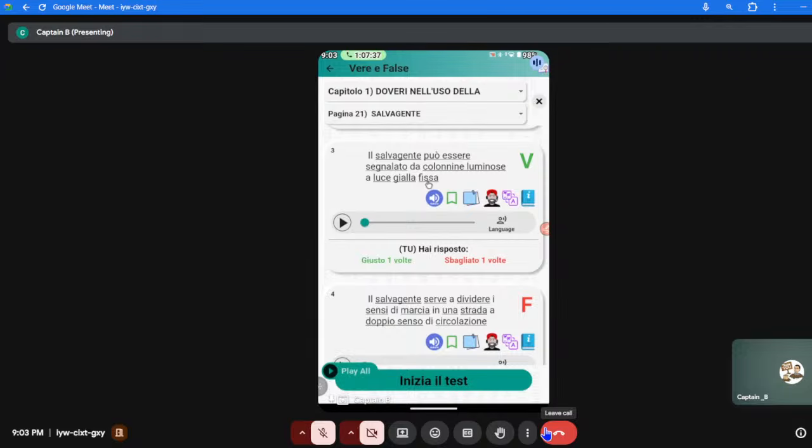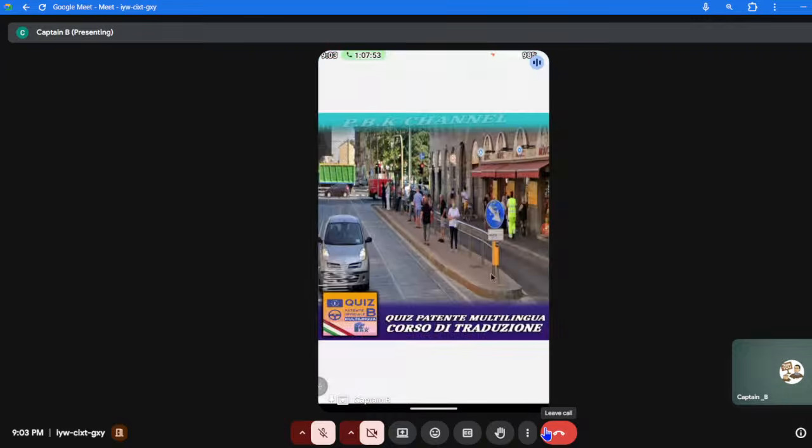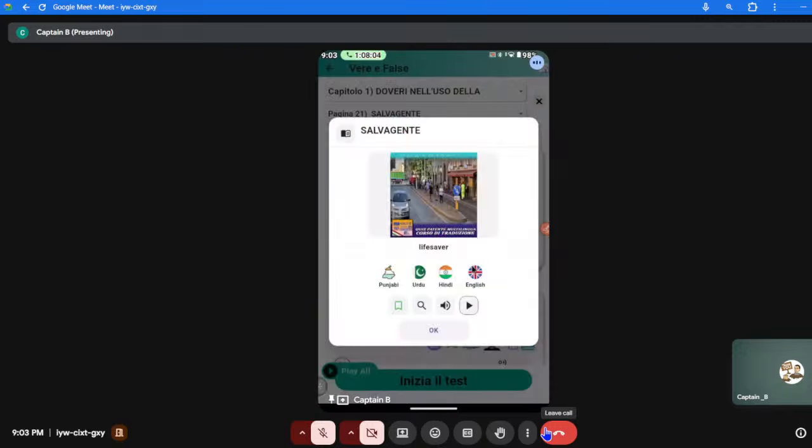Now, it's not luce propria. We're talking about luce propria, meaning real light. It's not a real light. It's just luminosa, just a reflector. Look at it here. At night, even in the daytime, when a vehicle is coming, they see this thing here. Understand? So it's a reflector. So what did I say?